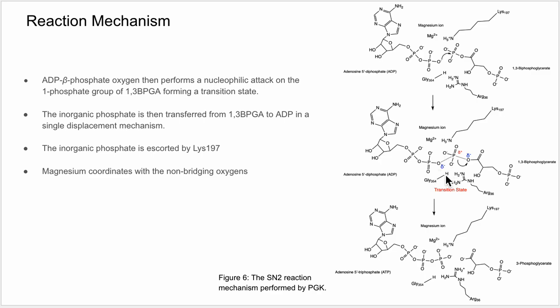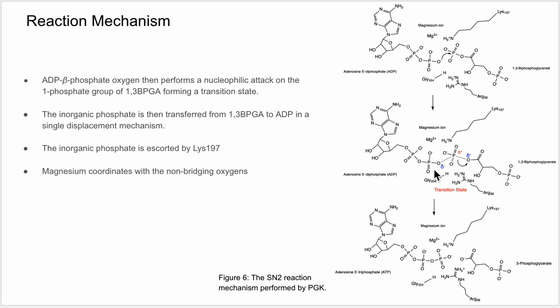The inorganic phosphate is transferred in a single displacement mechanism, with lysine 197 acting as a phosphoryl gripper that guides the inorganic phosphate from 1,3-biphosphoglycerate to ADP.